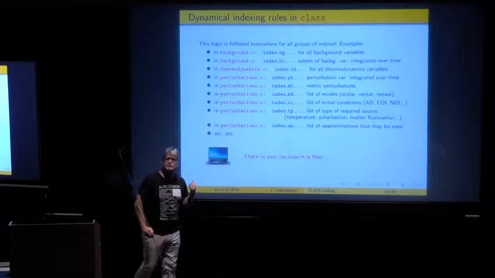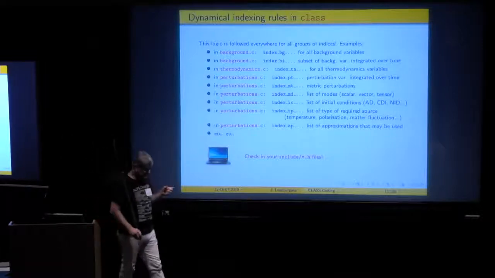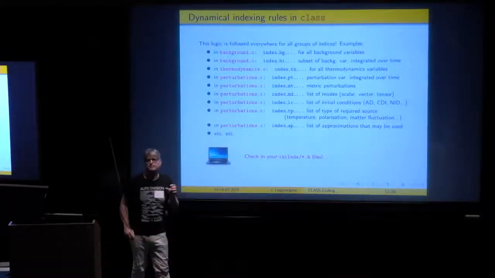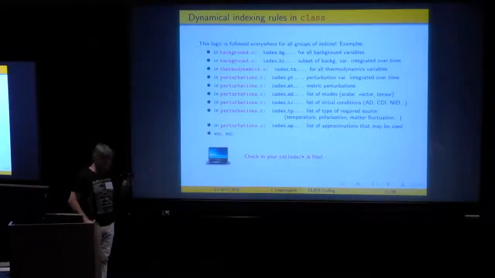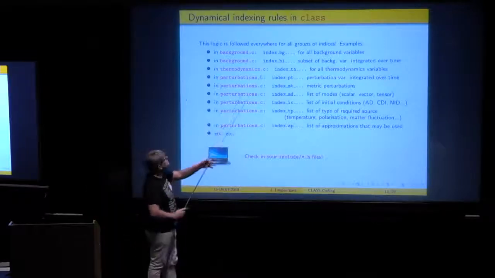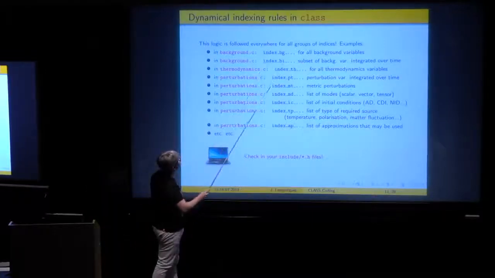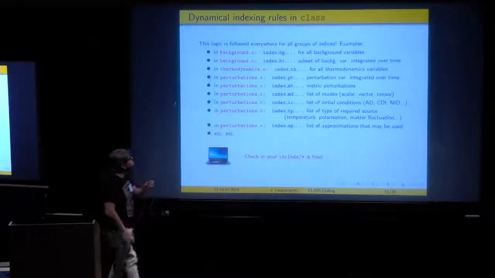If you remember the discussion of yesterday, in background there are variables A, B, C, and the quantities that need to be integrated over time are the variables B and C. So for each of the variables B and C, I need an index that is used when I integrate my system. So index BI is the index of this vector. This vector is much smaller than this one, and this one is important for the output. This one is only used internally by the background module.